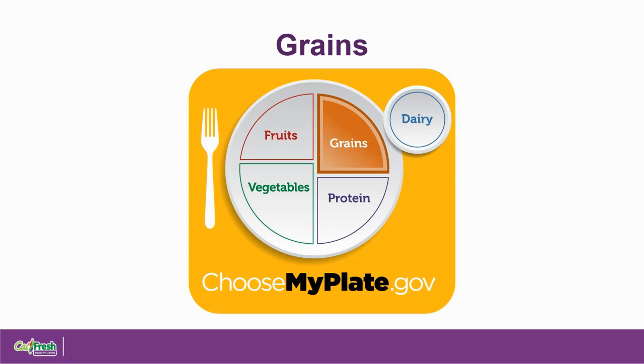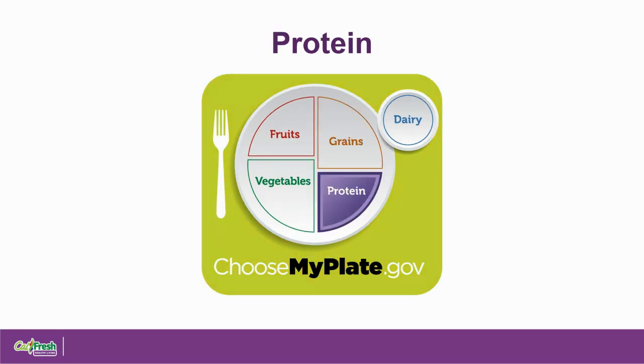What do you think is an example of a food in a grains group? If you answered bread, pasta, cereal, oats, rice, corn, and wheat, you are correct.